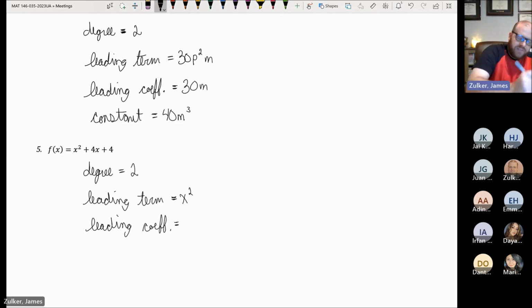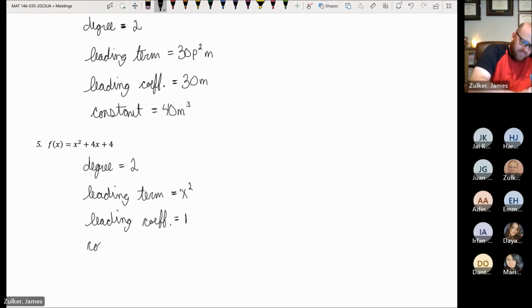What's the leading coefficient? Leading coefficient is 1. And what's the constant? Constant is 4.